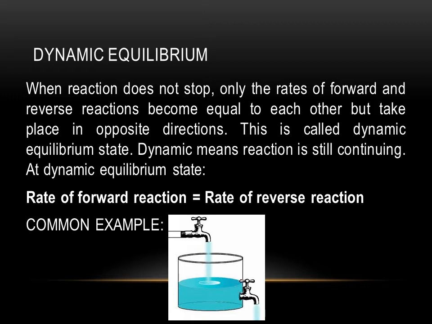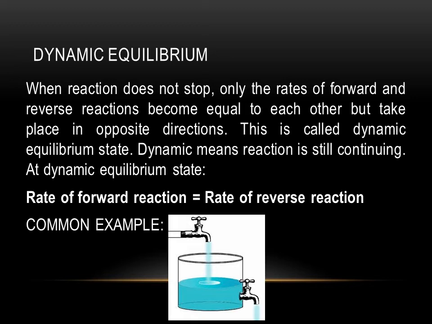And if we talk about dynamic equilibrium, it takes place between objects which are in motion. They are changing their place or they are chemically moving. Like when a reaction is taking place between the reactants and products, the reaction does not stop.